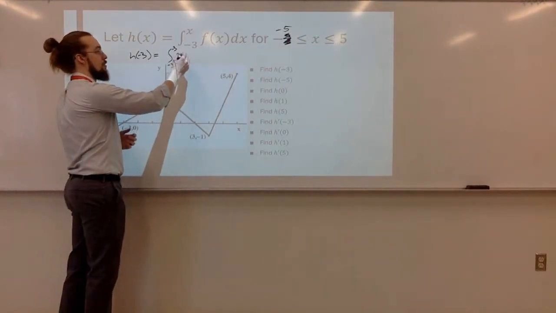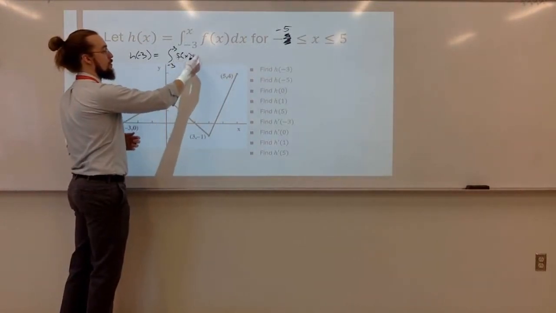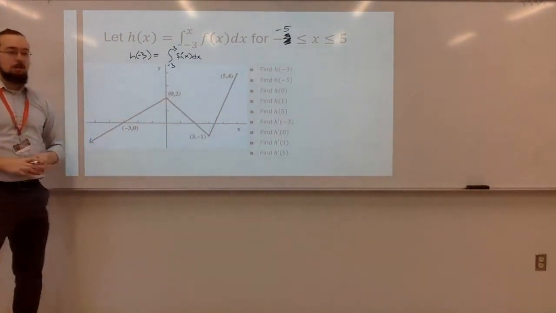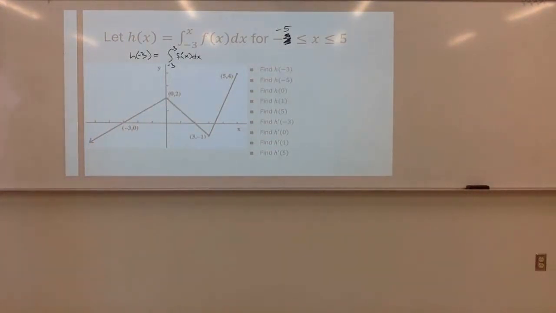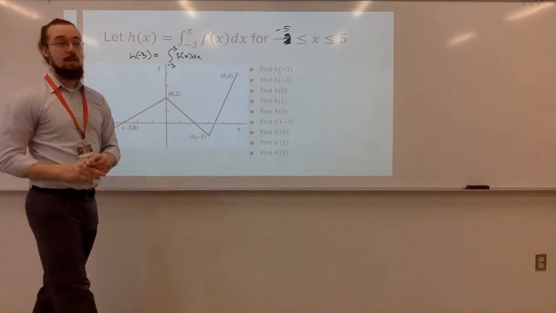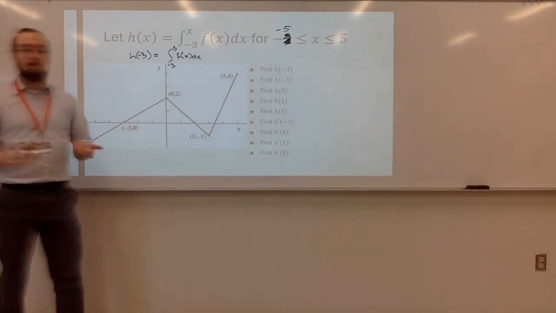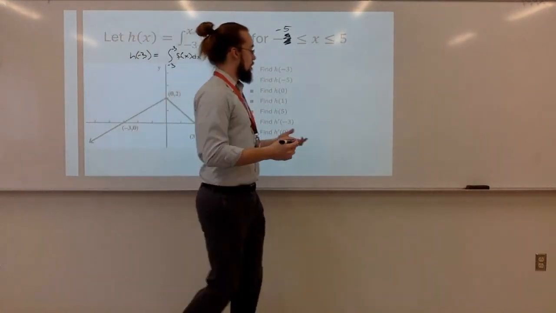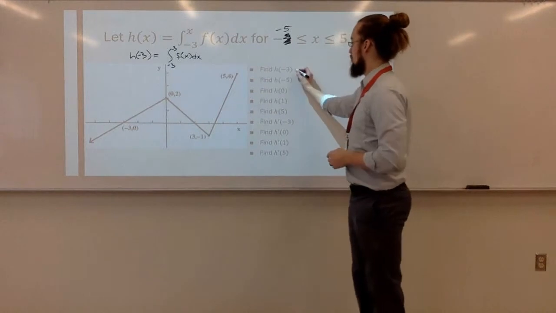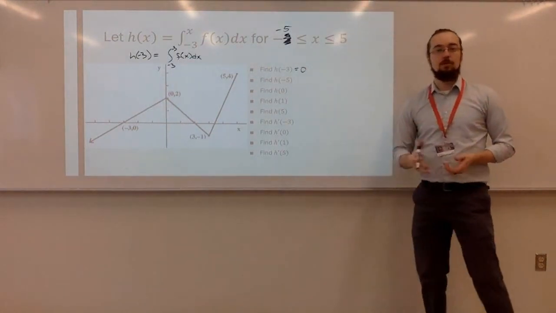I guess I should have used a different variable there. We're not going to accumulate any area if I'm starting and ending at the same spot. So the answer to this first one, h of -3, is just 0.